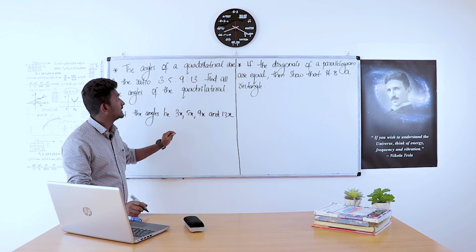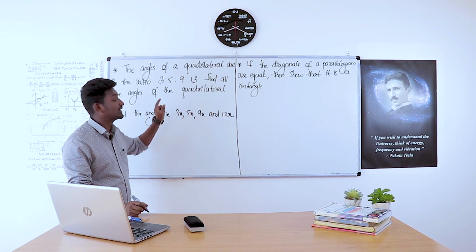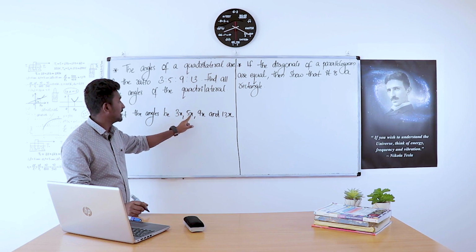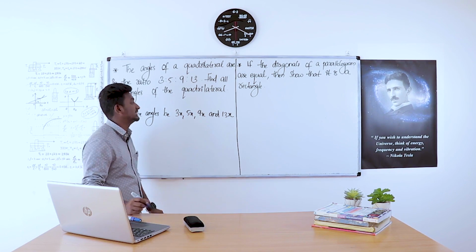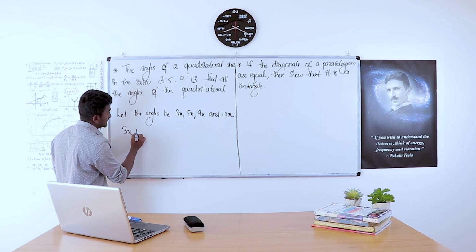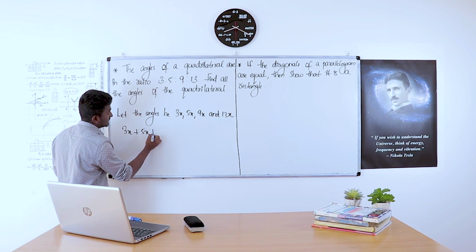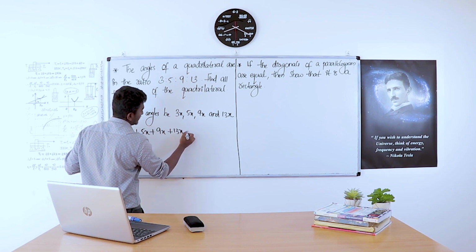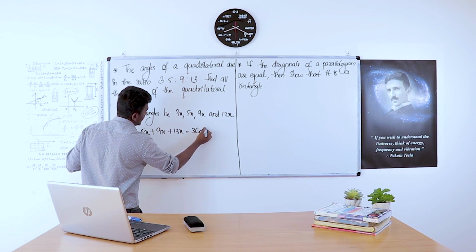We know that the sum of the angles in a quadrilateral is 360 degrees. That means 3x plus 5x plus 9x plus 13x is equal to 360 degrees.